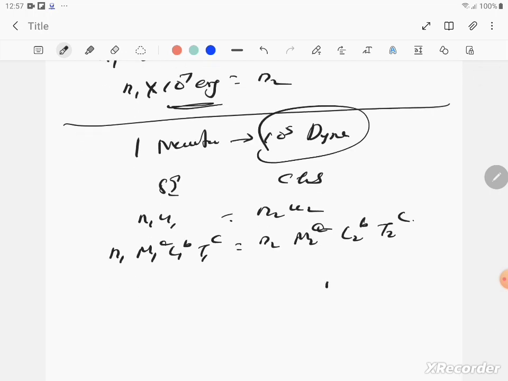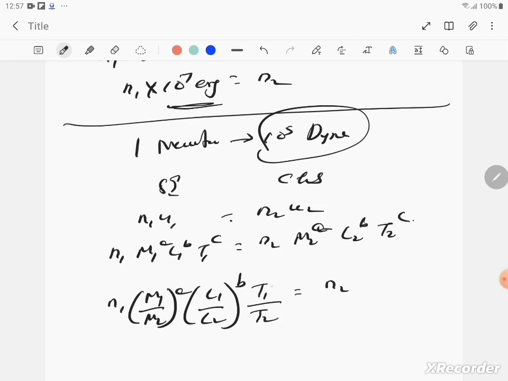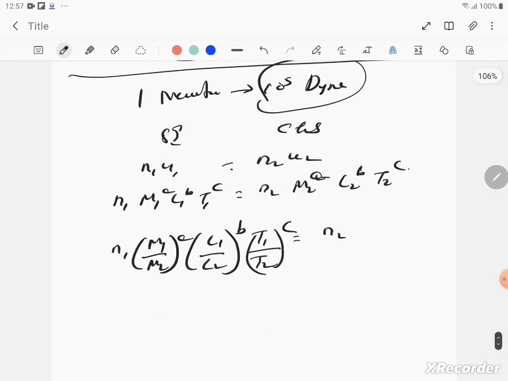So N2 is equal to N1 into M1 by M2 to the power A, L1 by L2 to the power B, T1 by T2 to the power C. So then you're going to convert all the SIs into CGS here. Okay, so then this is CGS already, so it needs no conversion.